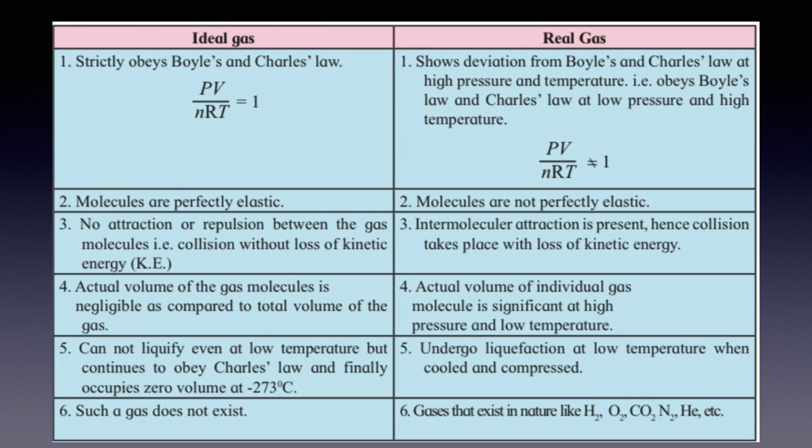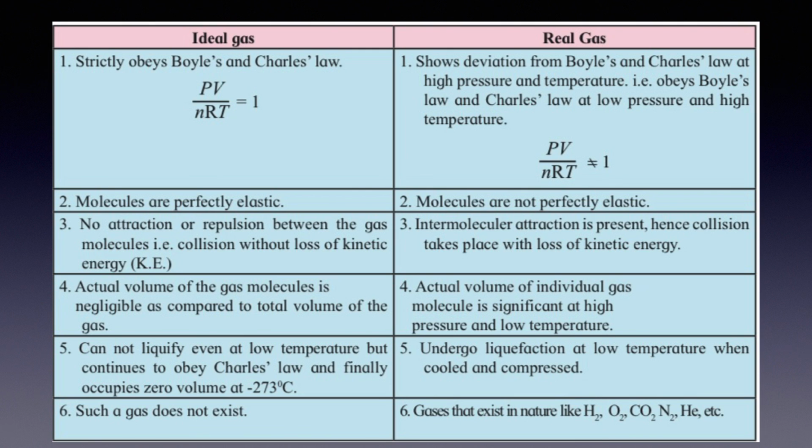Third point, no attraction or repulsion between the gas molecules, that is collision without loss of kinetic energy. But in case of real gases, intermolecular attractive forces are present, hence collision takes place with loss of kinetic energy. Okay, so these all points we have seen during assumptions, so that is why I am not explaining all this again and again.